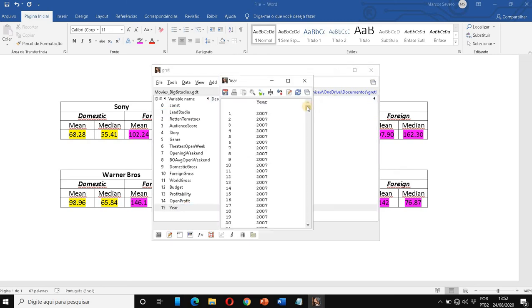We are analyzing from the year 2007 to 2013, six years, and I advise you to try to analyze this by year and see if this pattern reproduces conditional on years.